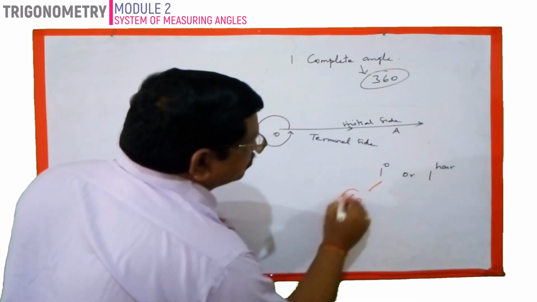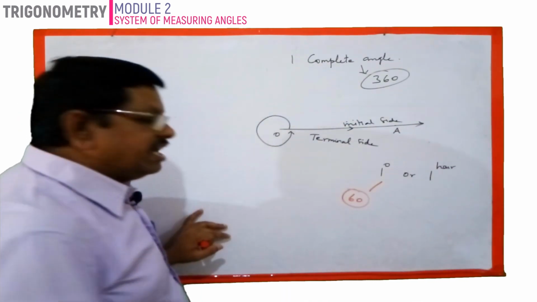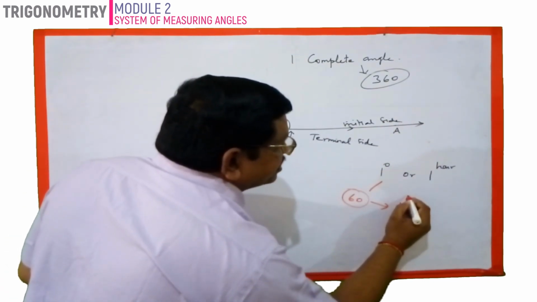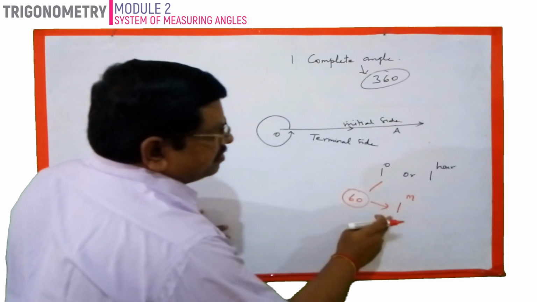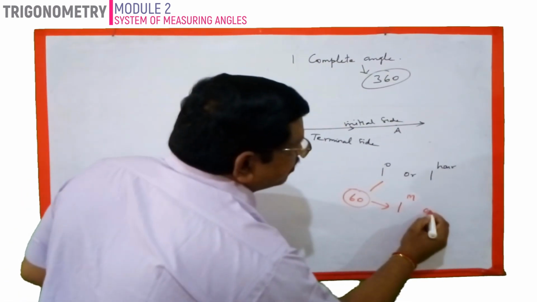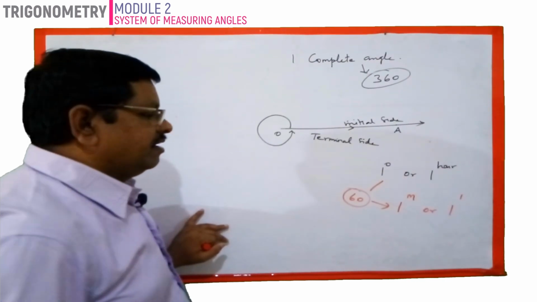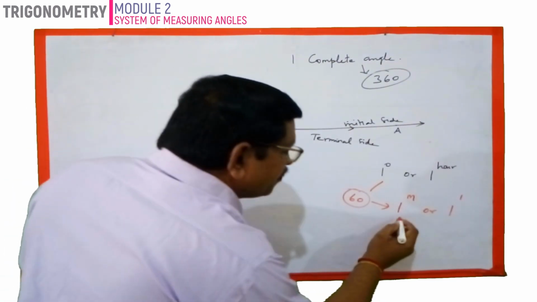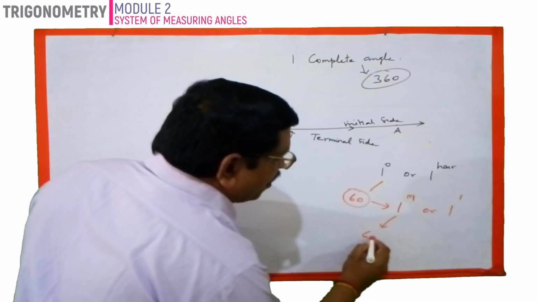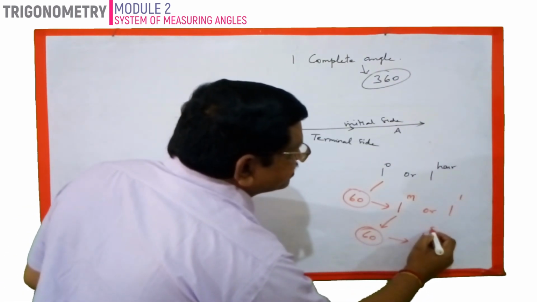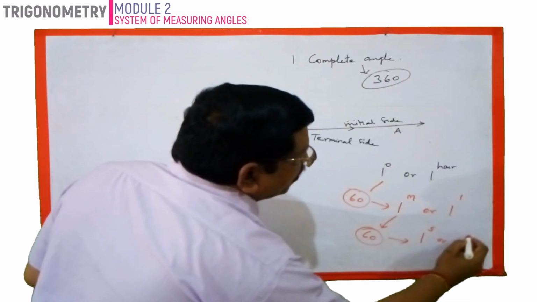We are making this into 60 parts. Each part is called 1 minute. We write 1 m, or we write a single dash above the 1. Again, that 1 minute is divided into 60 equal parts. Each part is called 1 second, or 1 double dash.